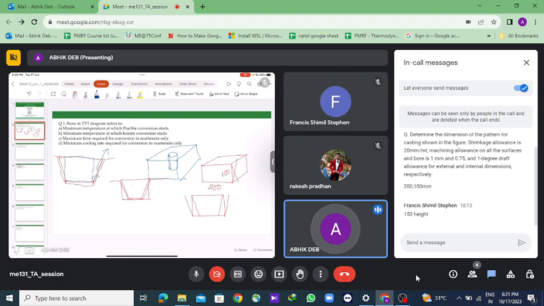If you have any further doubt regarding the question, where is the core placed, the cylinder, where is it placed? So actually you have drawn the cube 200 and 150 height.